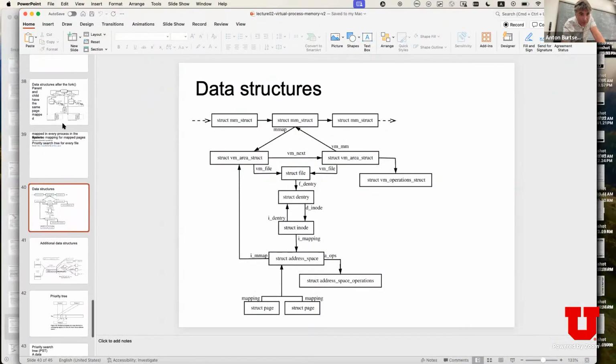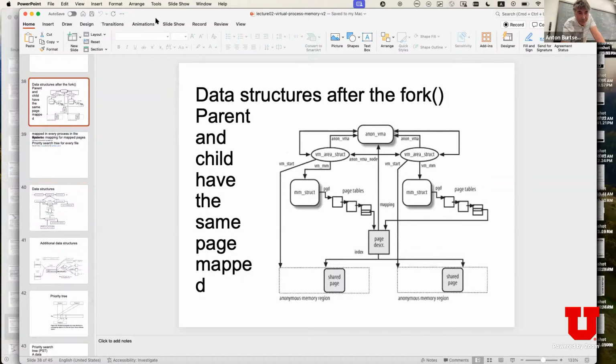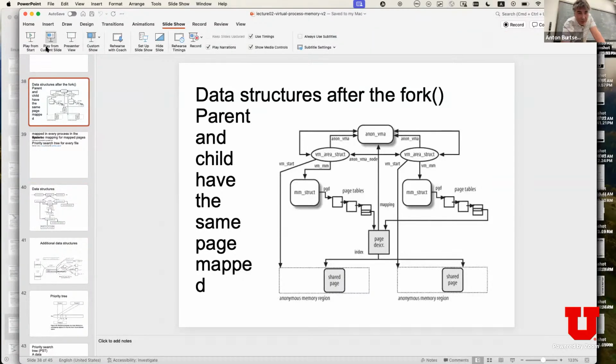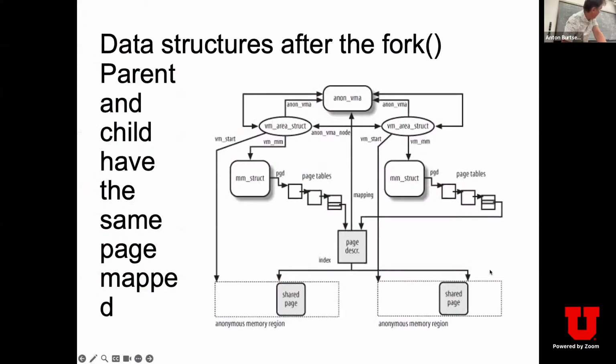So it will look like this. PowerPoint just ruined my slides, but that's okay, we'll still do it.